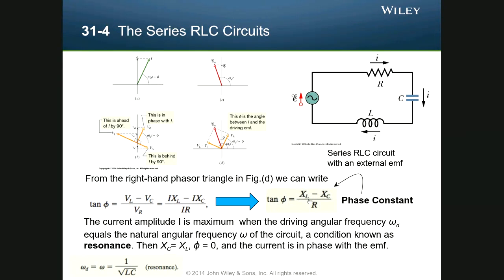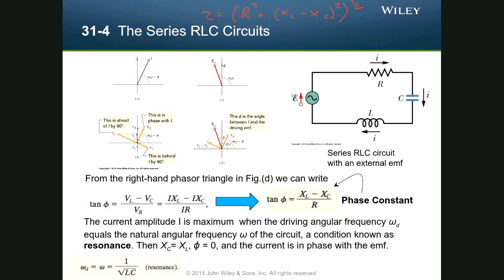If you notice, since you have your impedance, Z is equal to R squared plus XL minus XC squared to the 1/2, you can look at this as the y and the x components, and then you can use the tangent, the opposite over adjacent from the triangle.